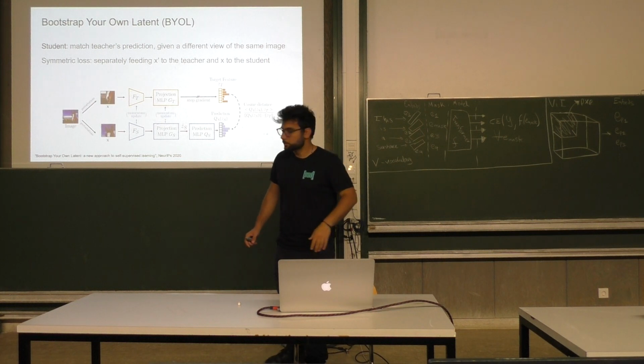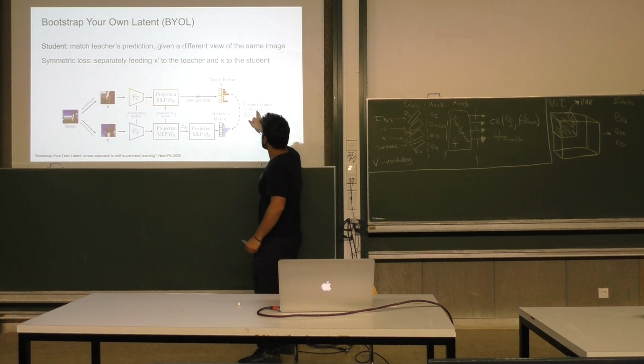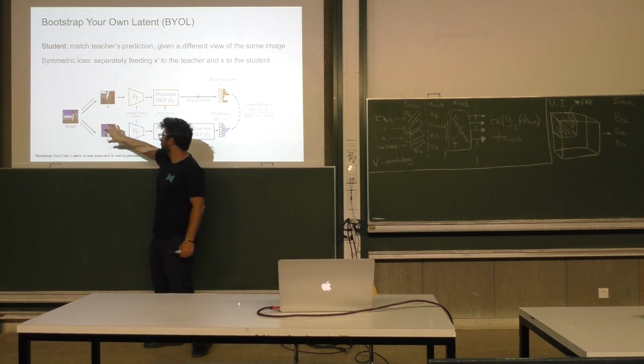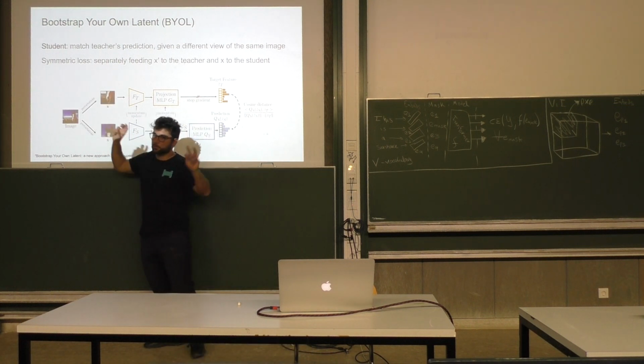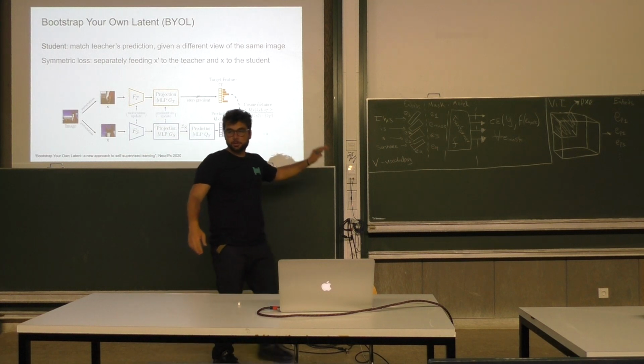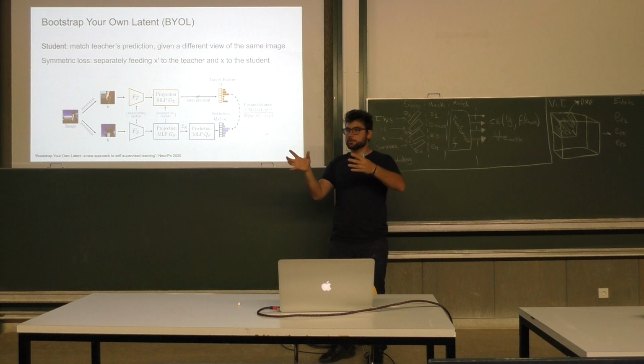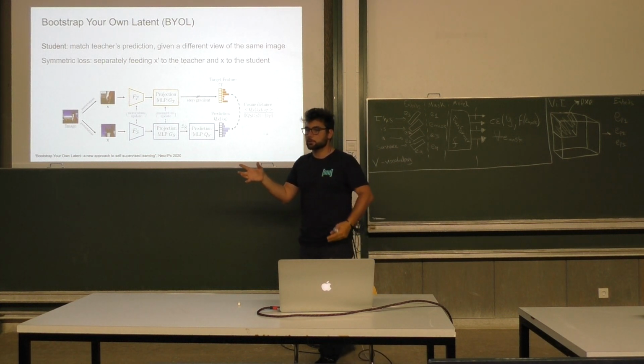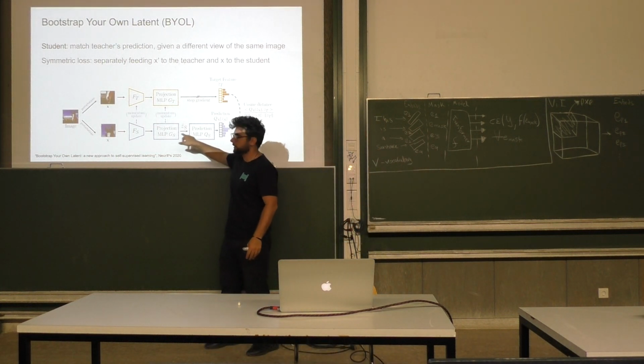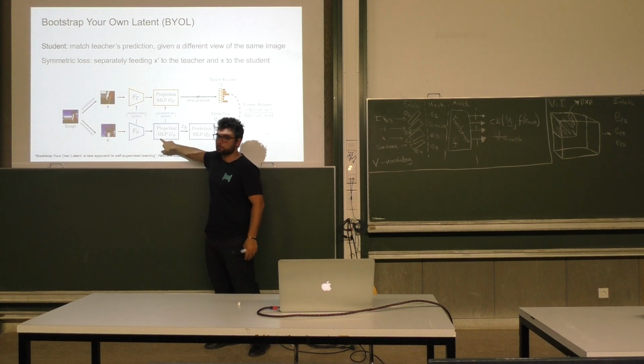So even though these two representations only refer to those two images, and there are no negatives, let's say, in the loss function, some information regarding what's happening on the mini-batch is incorporated inside these batch normalization blocks here.